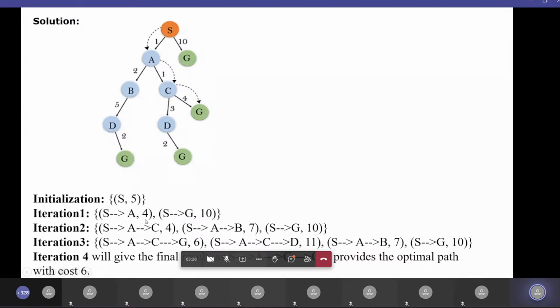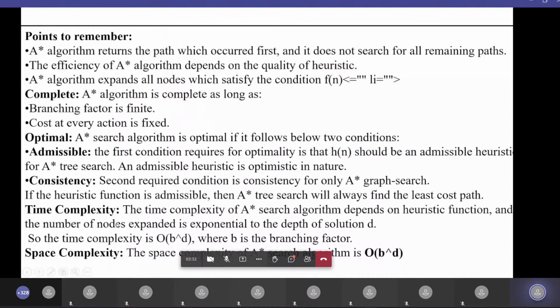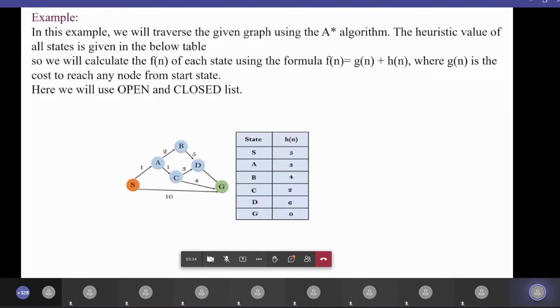Next iteration, we have to move. From S to G over that side we cannot go. Now we have come to A, and we have found the value for A. Next, from A we can go to B.